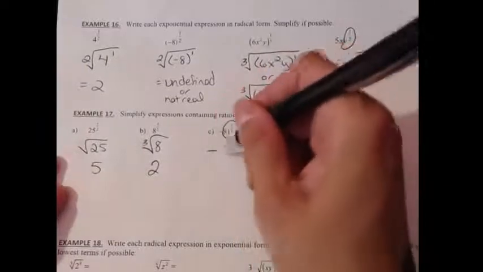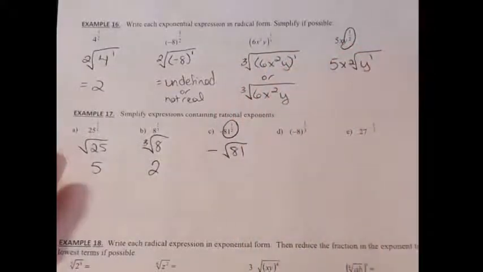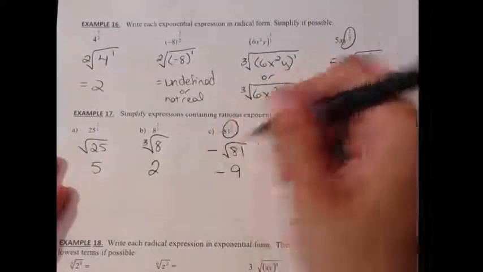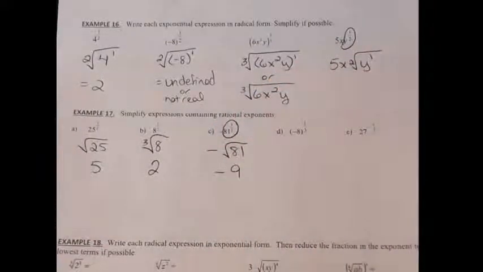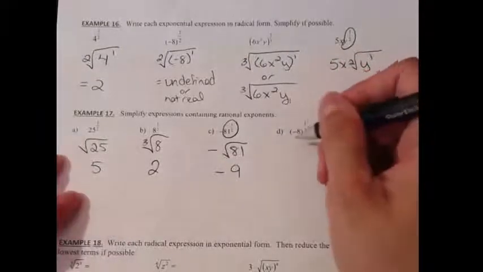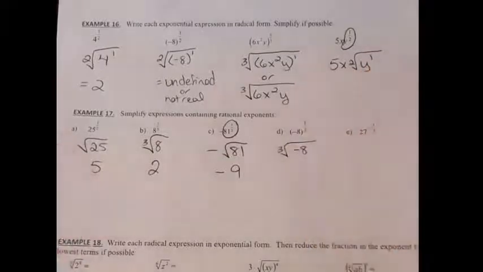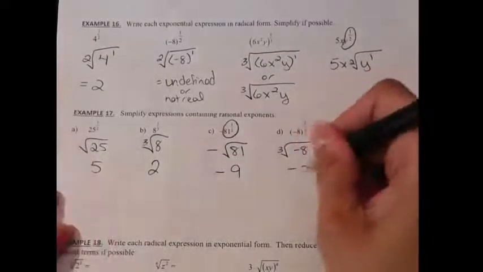So it becomes a negative square root of 81. The square root of 81 is 9, because 9 times 9 is 81, and then you bring that negative sign down. Negative 8 to the 1/3 power, that's the same as taking a negative 8 and cube rooting it. So we have the cube root of negative 8, which gives us negative 2.